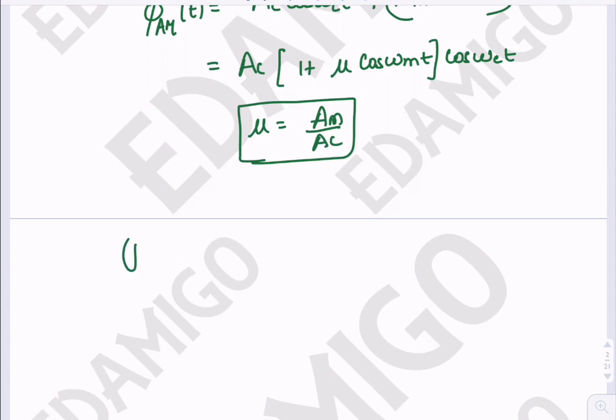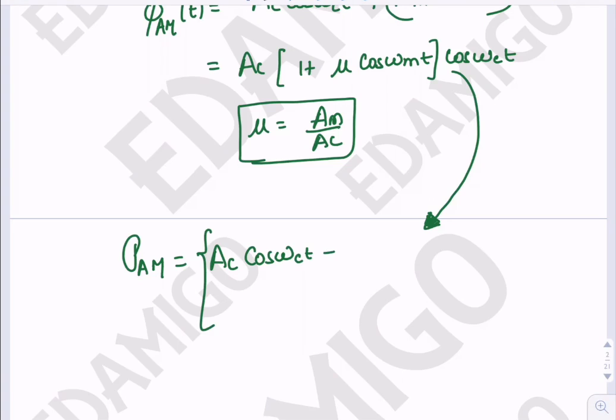Now the power of the AM signal will be equal to the power of this signal. Just I am writing the signal: AC cos omega ct plus AC into mu cos omega mt cos omega ct.